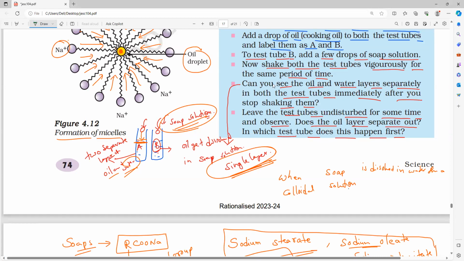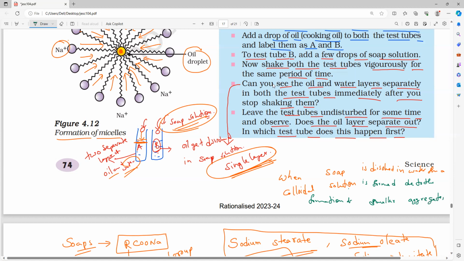So colloidal solution, Tyndall effect. So the colloidal solution is formed due to the formation of smaller aggregates.